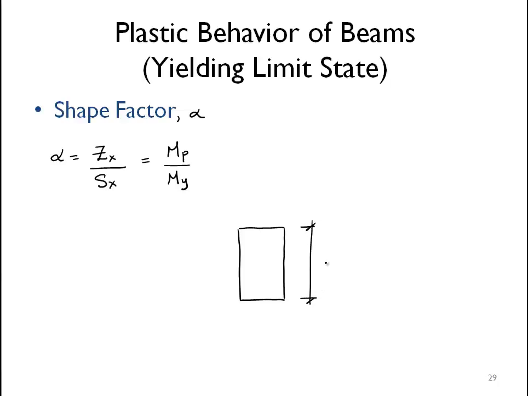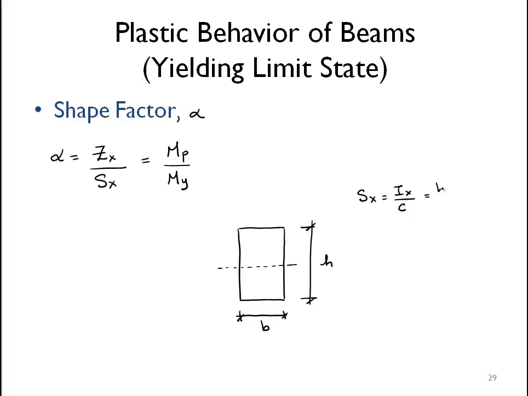which has a height of h and a width of b. So for that particular shape, S sub x, the elastic section modulus, is my bending moment of inertia divided by c, and since we're doing this for the strong axis, there's my neutral axis.